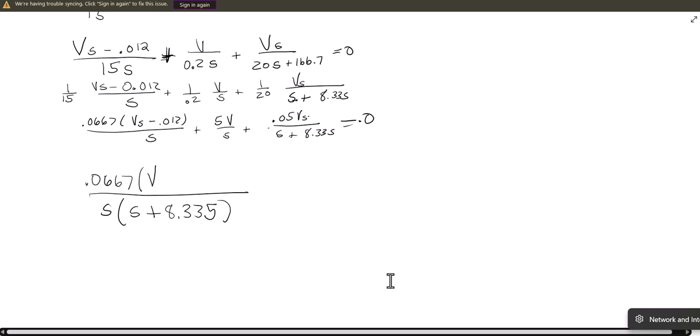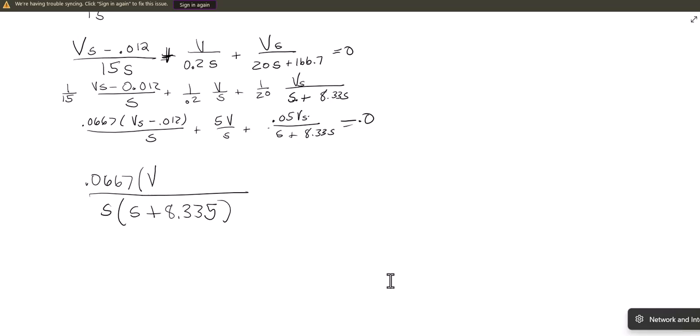So before I did this step that I'm doing right here, what I want to do is get everything that doesn't have a V over to the other side. What I really want to do is get my pen working, and my computer.